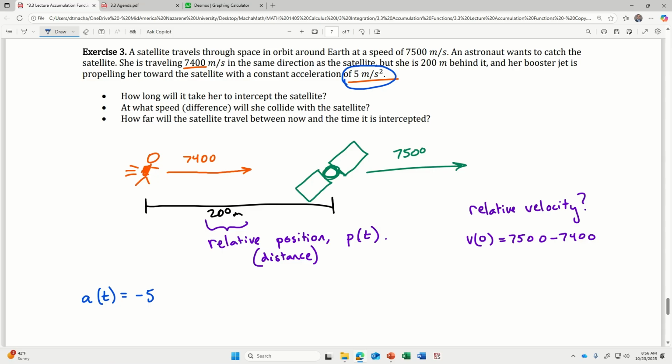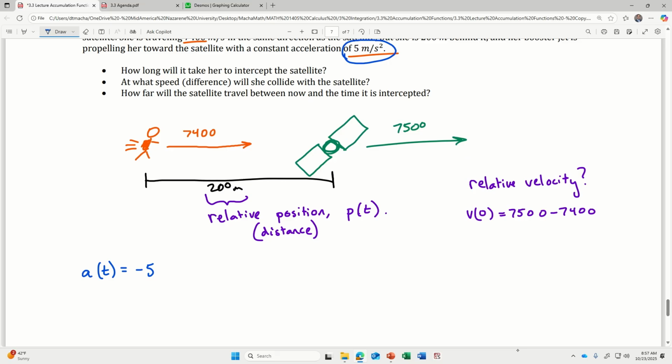So to make velocity decrease, we need a negative acceleration. If you want a function to be decreasing, you need a negative derivative. So if you want the velocity to be decreasing, we need a negative acceleration. Okay, because her velocity personally is increasing, but the relative velocity between the two objects is going to be decreasing.